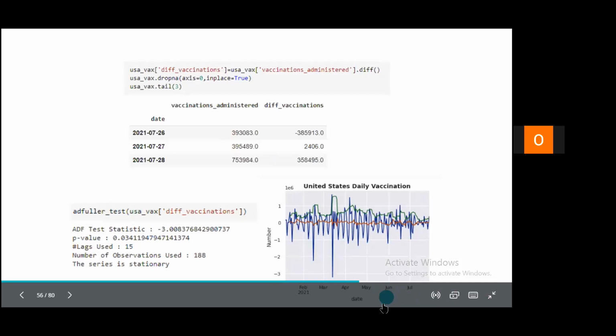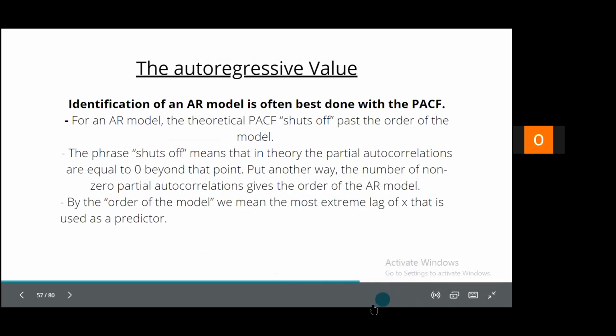Another thing is we need to get the autoregressive value. Briefly, autoregression means that data points in time series data are correlated. So this means that there's a relationship between the data yesterday and today. There's a relationship between the data 3 days ago and today.